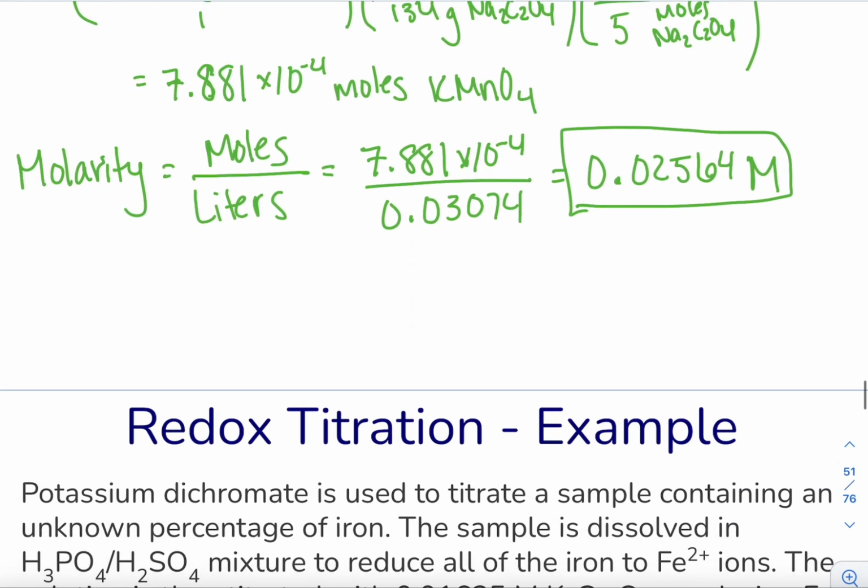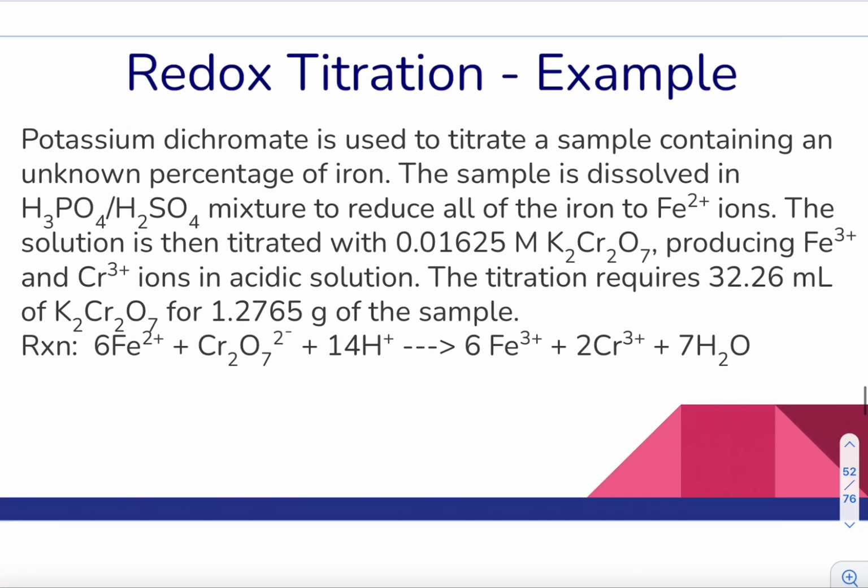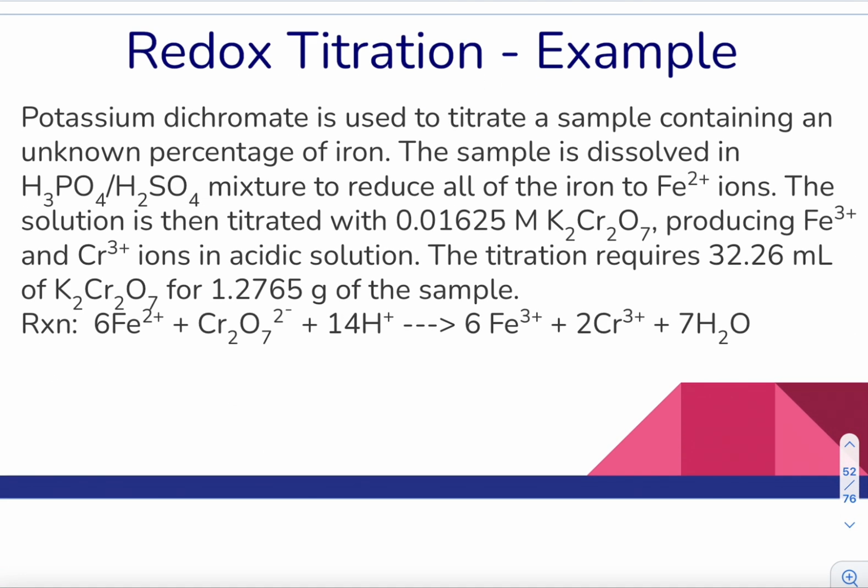So let's try another example. So potassium dichromate, that's another one of the things we said, it's very common, is used to titrate a sample containing an unknown percentage of iron. The sample is dissolved in acid to reduce all of the iron to Fe2+.